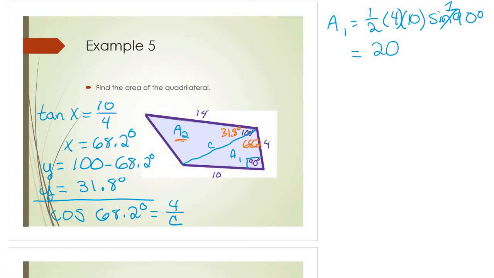Both ways you should get the same answer. So I would get cosine of 68.2 in your calculator comes out to be, we'll just do 0.37. And then if you solve this out by cross multiplying, you get C equals 10.77. All right, so let's draw that into our diagram.